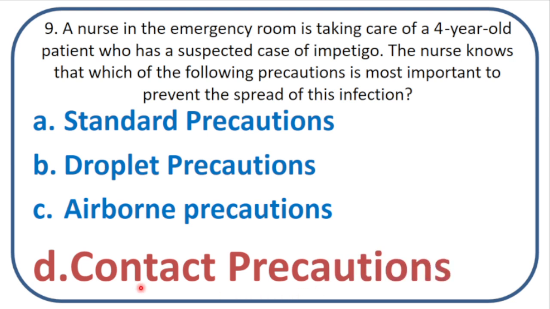It is a skin infection spreading through direct hand contact or indirect contact with surfaces, which may be a bed sheet or anything. So the nurse should take contact precautions to prevent infections like impetigo.